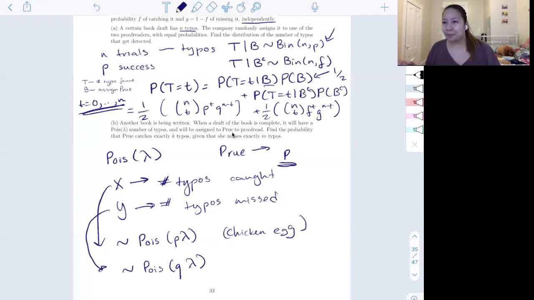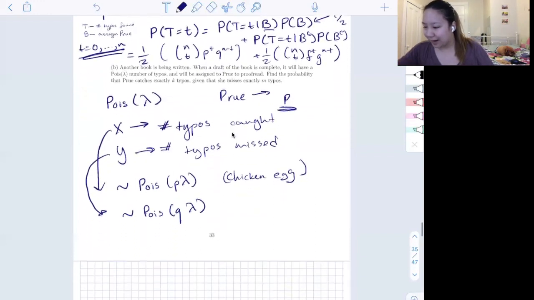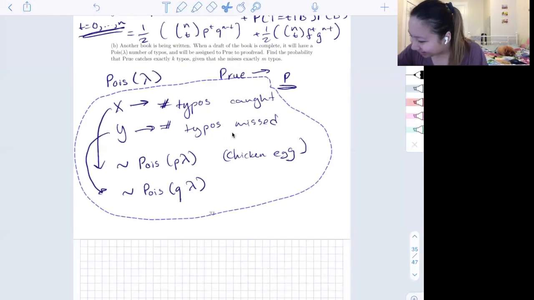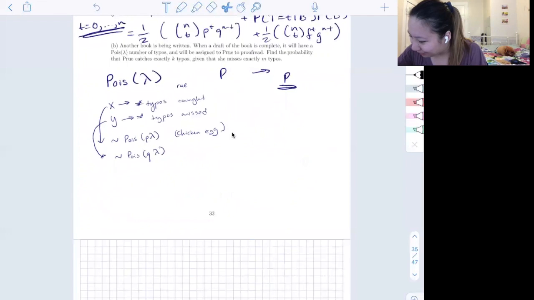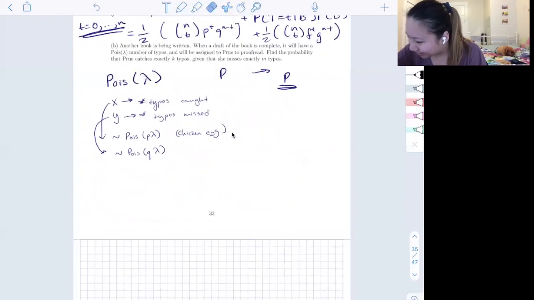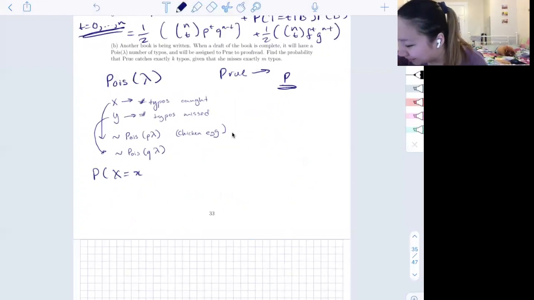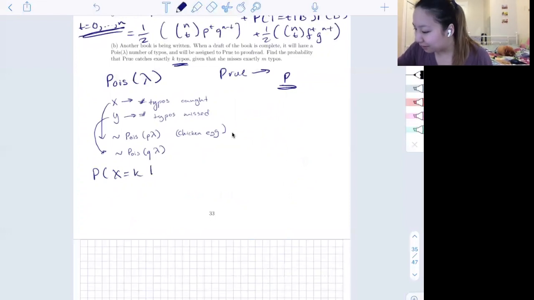All right, so let's write out what our probability is. Let me make this smaller. Oh no, Prue came in there with whatever. All right, so we're looking for the probability X is equal to K. I like using little x, but in the problem it says K, so let's stick with K. X equals K given Y equals little m.